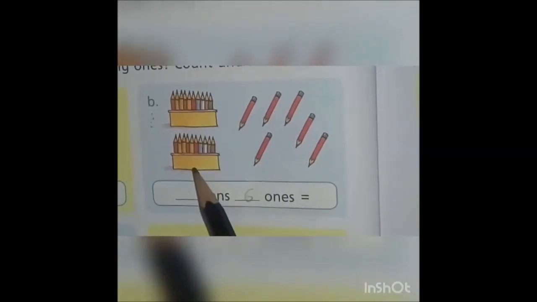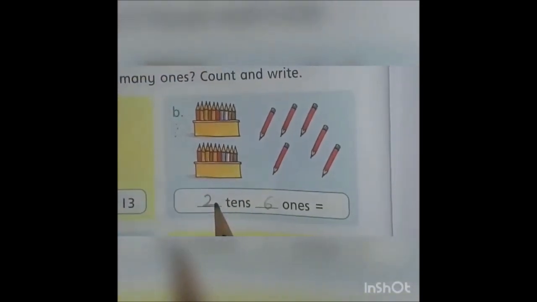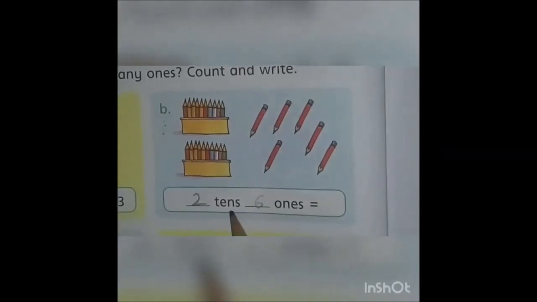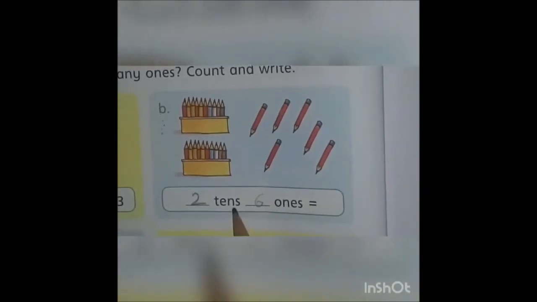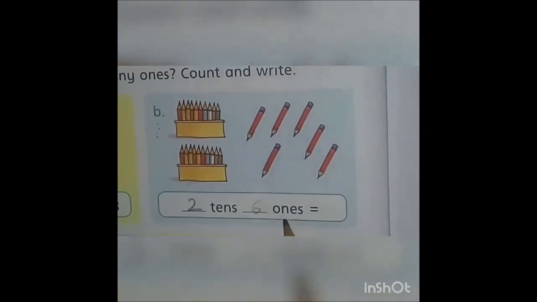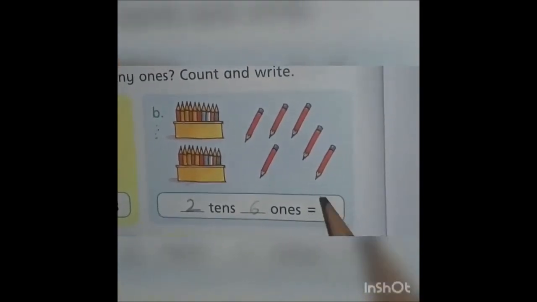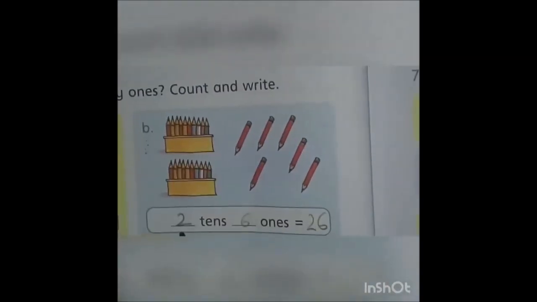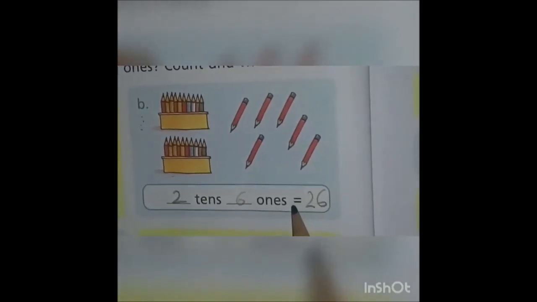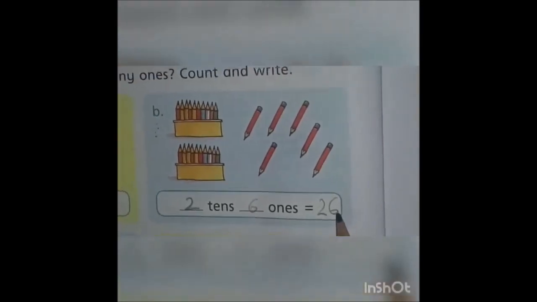There are 2 boxes, 1 and 2. We will write 2 in the blank of tens. Now children, join tens and ones together. 2 tens and 6 ones is equal to 26.